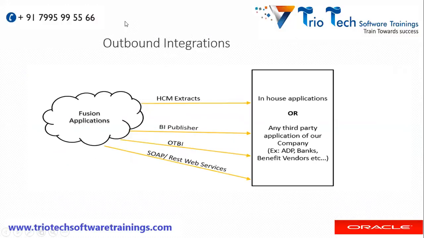Next, when we talk about outbound integration, it means that some data or reports we want extracted from the Fusion application should flow to other third-party systems. Take the example of ADP.